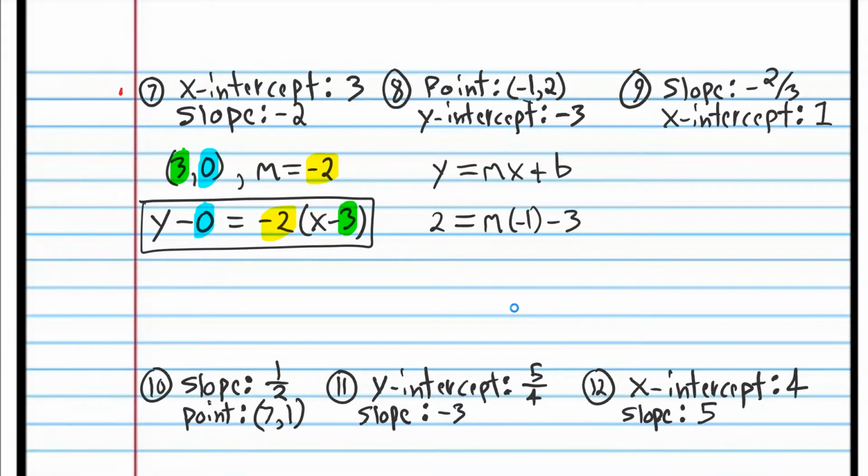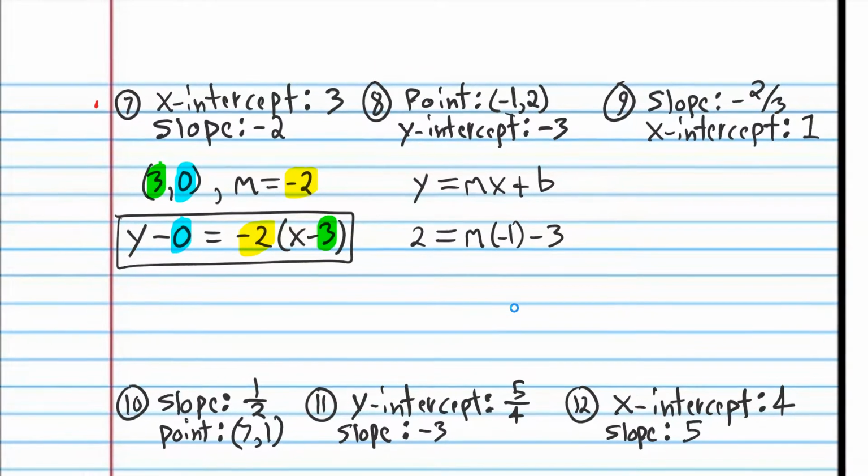I used a point. My point was x and y. And maybe I should color code that. So there's the y value. There's the x value. And the y-intercept.